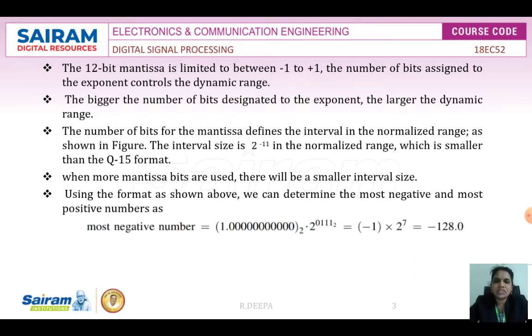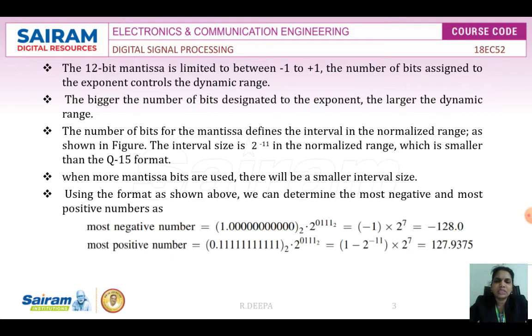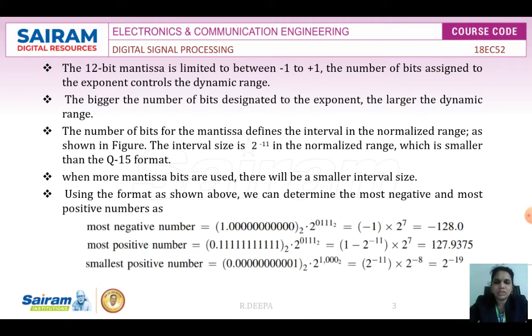We can use this particular format to express the most positive number we can calculate using this fractional part format, as well as the most negative number and the smallest positive number.